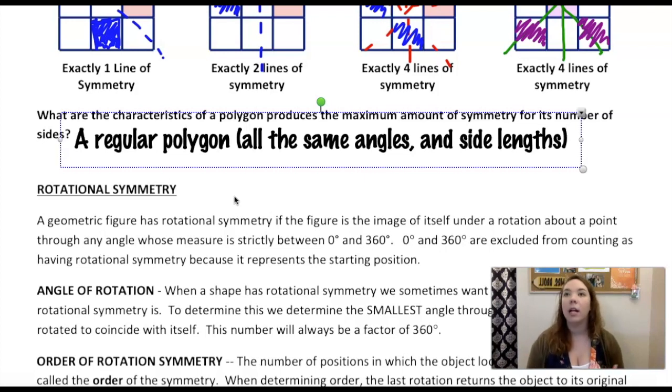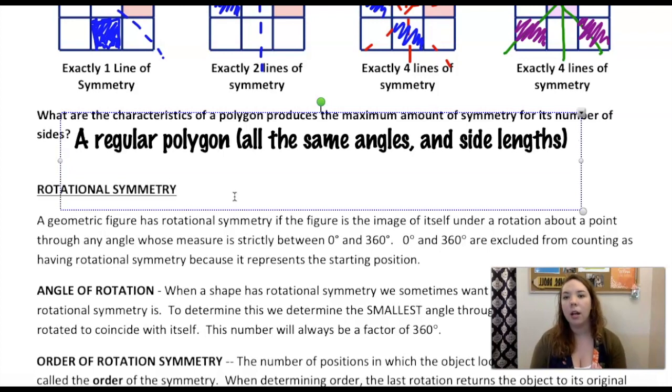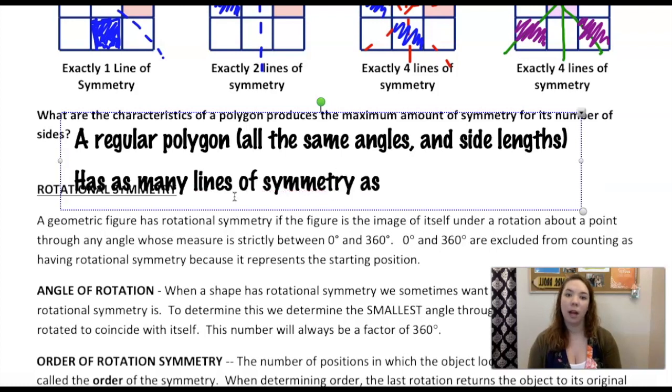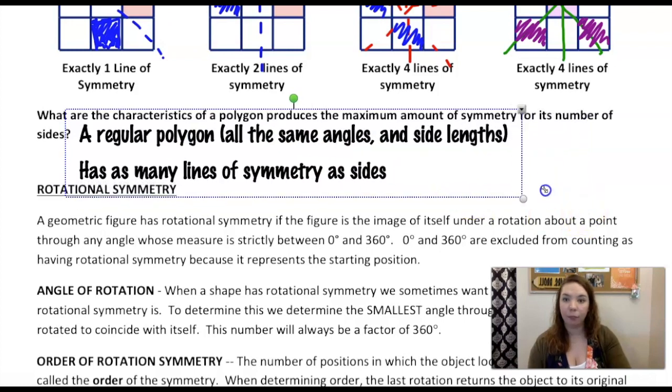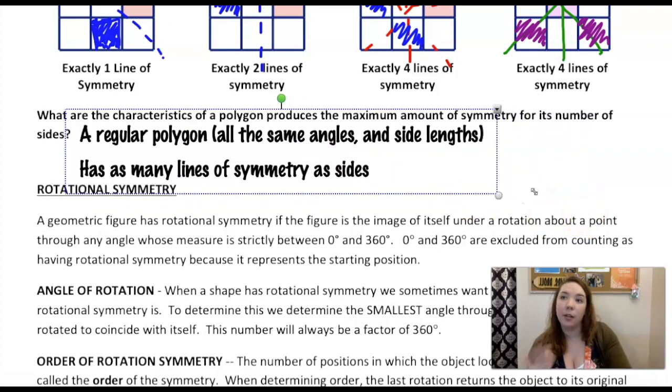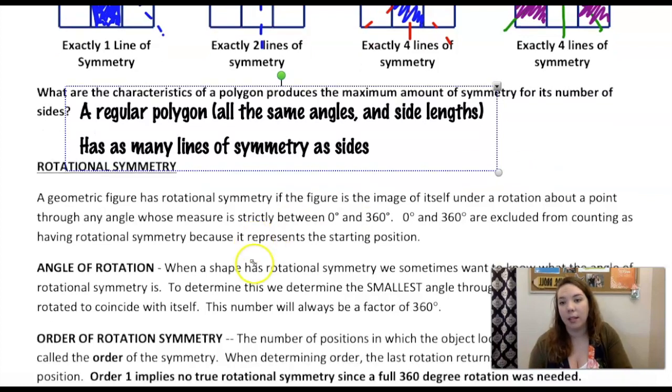A square, so they're all congruent. They all measure up. No one side is longer than the other. No angle is bigger than the other. Then it has as many lines of symmetry as sides. So that's why a square has 4, an equilateral triangle has 3. But a rectangle only has 2 because it has different length sides.